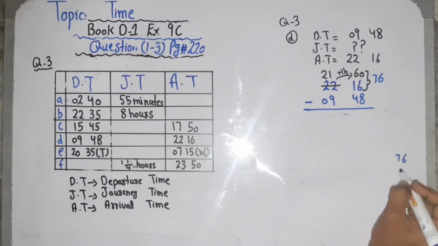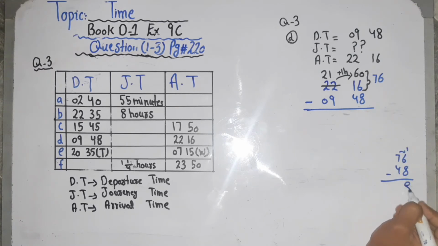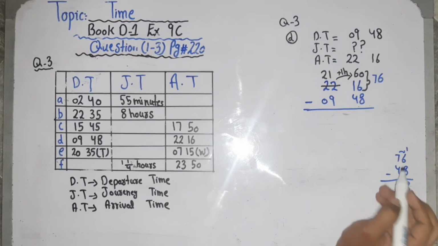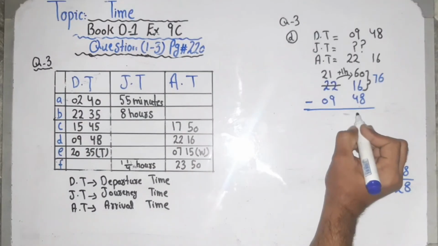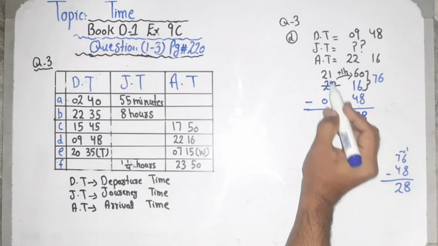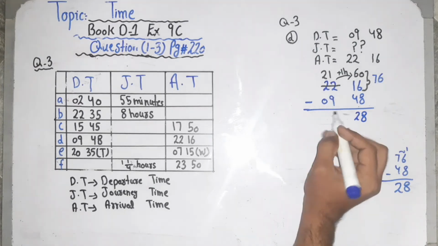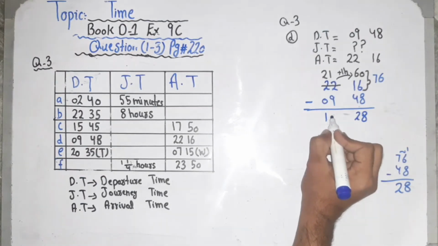सो मैं यहाँ पर दोबारा लिख लेता हूँ 76 minus 48. 6 में से 8 को नहीं minus करते, यहाँ से 1 कैरी करेंगे, 16 में से 8 आ जाएगा, यहाँ पर हमारे पास 6 में से 4, 2 आ जाएगा. So 76 में से 48 को minus करें, so we have 28. So we have 28 minutes, and if we subtract 9 from 21, the time is 12.